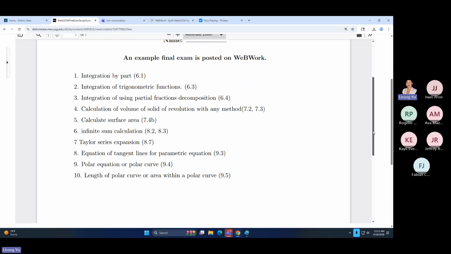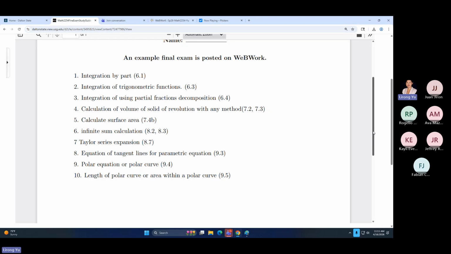The first question is integration by parts, which you can study in 6.1. The second question is trigonometric integration, which will be what we did in 6.3. There's partial fraction decomposition, 6.4, calculation of volume, 7.2 or 7.3, calculation of surface area, which is 7.4.